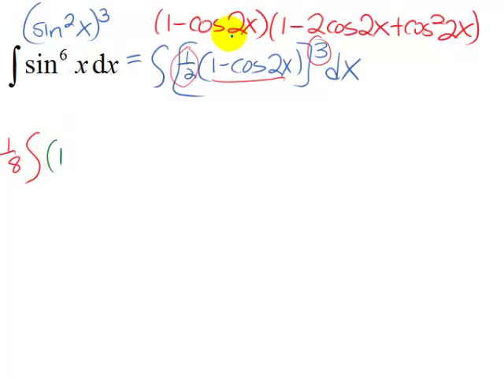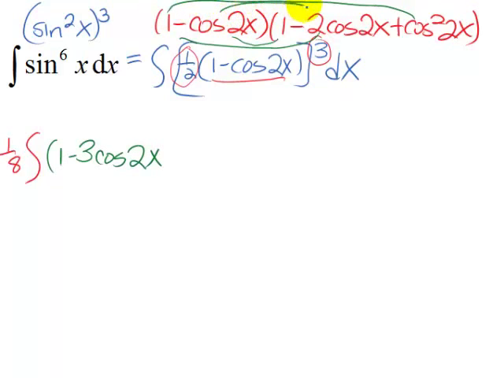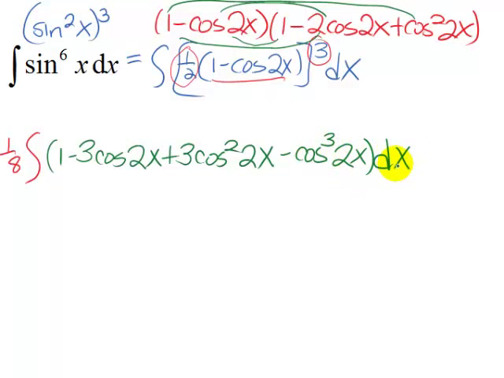On the cosine 2x terms, there's minus 1 of them there, and there's minus 2 of them there, so minus 3 cosine 2x. On cosine squared terms, we got 1 there and 2 more there, so that's plus 3 cosine squared 2x, and then last times last would be minus cosine cubed 2x dx.